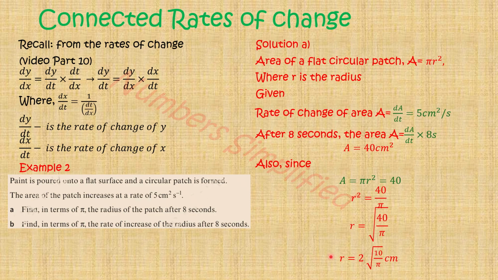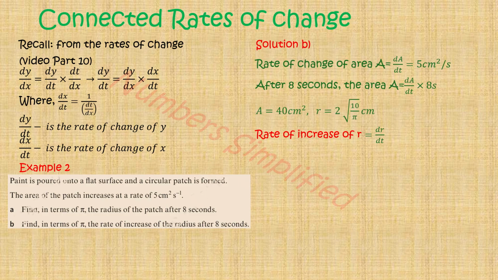Therefore, in a simplified manner, r equals 2 times the square root of 10 divided by pi centimeters. Great then. So that is how we would find the radius of the patch after 8 seconds in terms of pi.